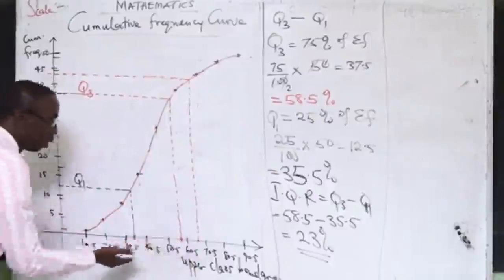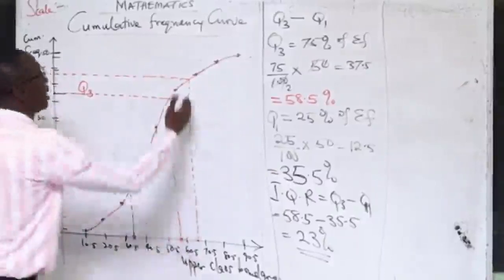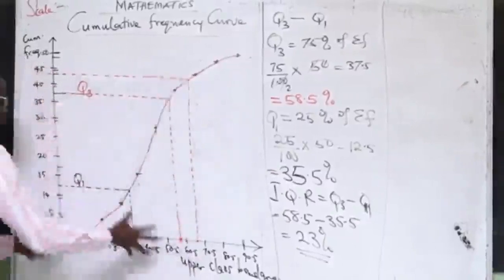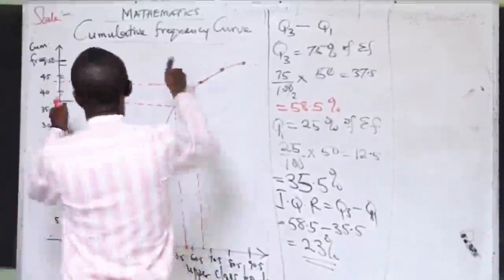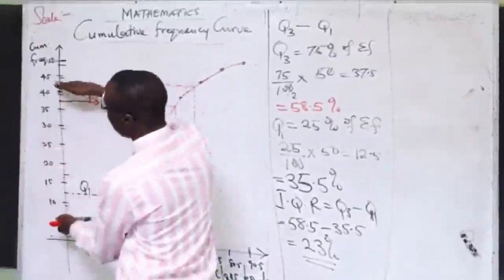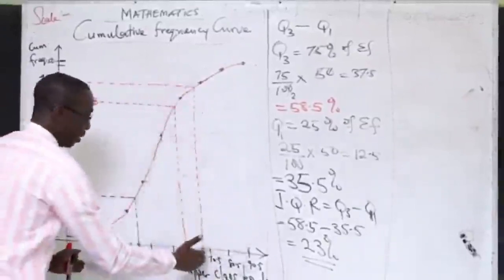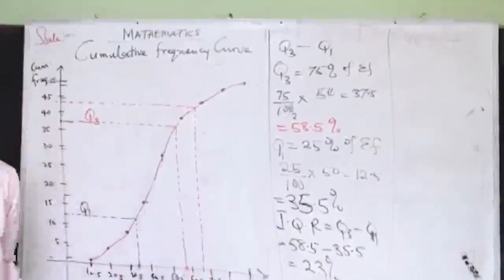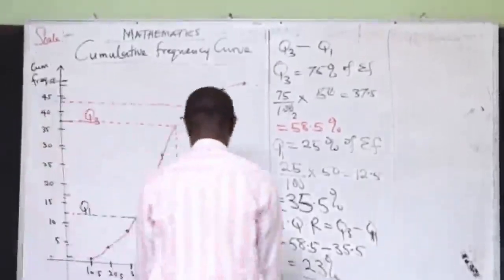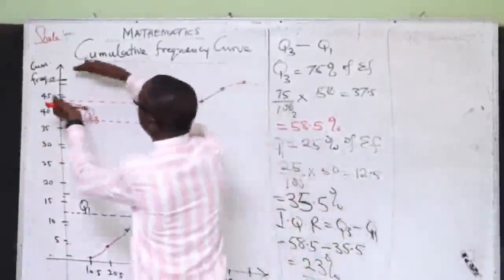Are they above 66 or below 66? When you trace this up and come here, the number of people here are the number of students that actually scored these values. The ones that score more than 66, this is more than 66. Yes or no? Going up and coming here, it should be above here.